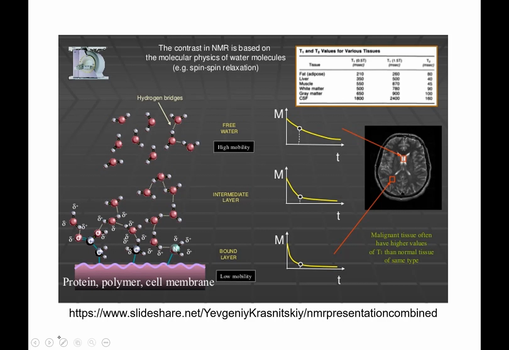And if you do have malignant tissue in there, then the water at the surface is probably going to have a slightly higher relaxation. It'll have a higher value of relaxation. So that's the logic.